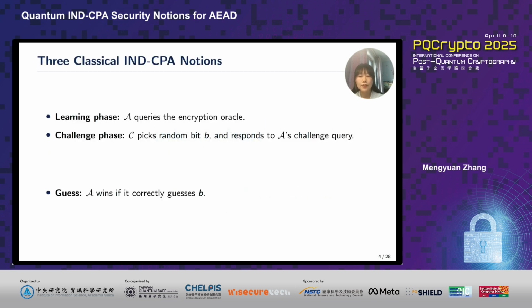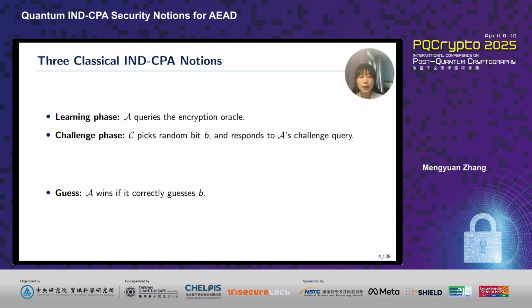To begin, let's first briefly review the classical IND-CPA security notion. This notion measures the privacy of an encryption scheme by evaluating the adversary's advantage in distinguishing two encrypted messages. To formalize this, we define the following security game between an adversary A and a challenger C. The notion consists of two phases, the learning phase and the challenge phase.